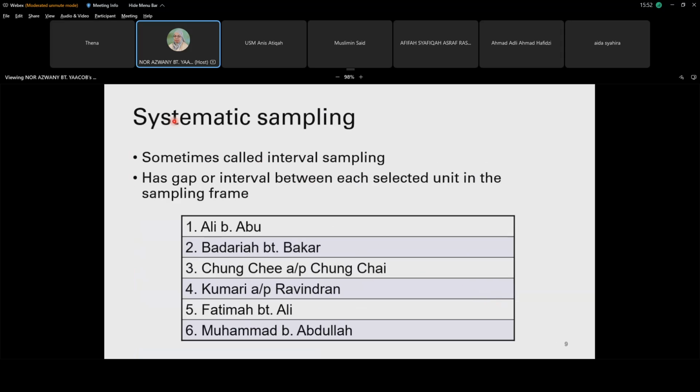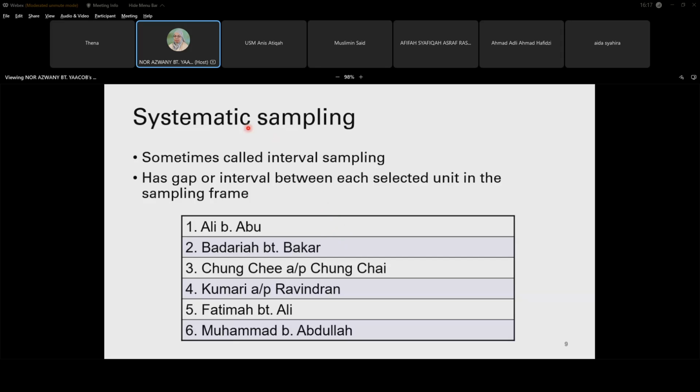Systematic sampling, it can be called also interval sampling. This is also in your lecture note 206, so go back to that lecture note. But basically in systematic sampling, you have a gap or interval. It means that you take this one, you don't take this one, you take this one, you don't take this one, and so on. So there is an interval.